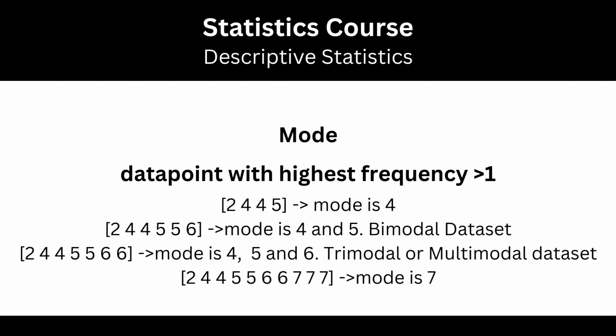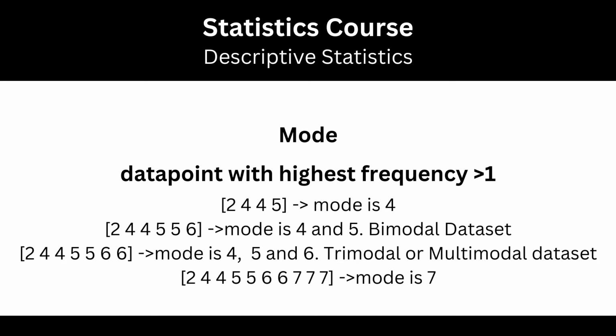Here are some examples. If we have 2, 4, 4, and 5, the mode is 4. 2, 4, 4, 5, 5, 6, the mode is 4 and 5. We say that the data set is bimodal. Same thing for this next one. The mode is 4, 5, and 6.